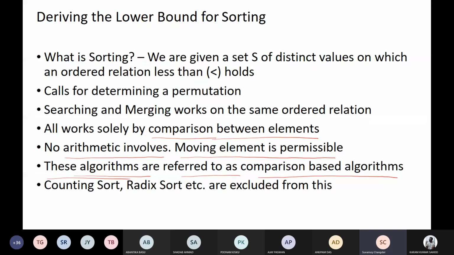But counting sort, I think you have the idea what is counting sort, what is radix sort, and bucket sort. All these sorting algorithms are excluded from the comparison based algorithm list. So these are not comparison based. Here we use some other techniques to sort the elements. Therefore, we are talking about the algorithms where the whole algorithm is based only on the comparison between the elements, and these are known as comparison based algorithms.